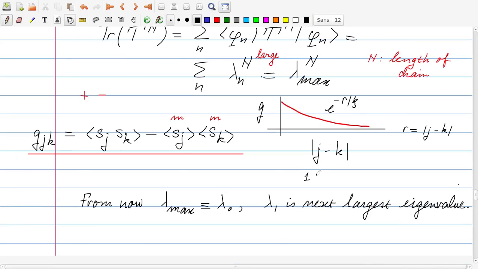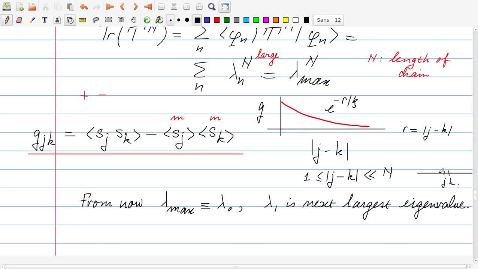However, if j and k are close, and we are interested in the following limit, obviously 1, we take that smaller than j minus k, but we take j minus k a lot smaller than the length of the chain. So if I have my chain here, it's very long, and j and k are relatively close.